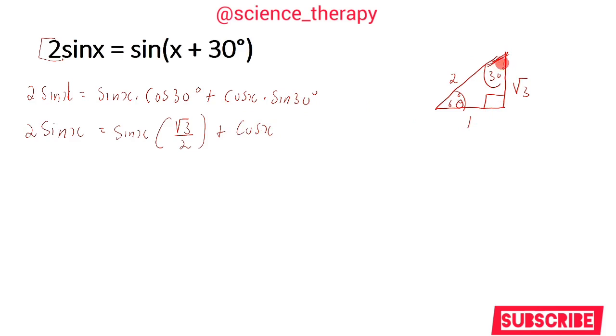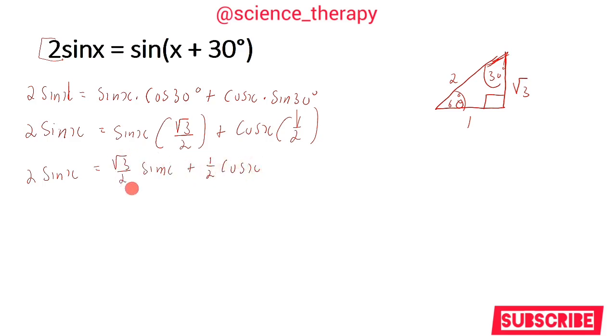Remember, sine 30 is opposite over hypotenuse, so that's a half, 1 over 2. Now we have 2 sine x is equal to root 3 over 2 sine x plus 1 over 2 cos x.